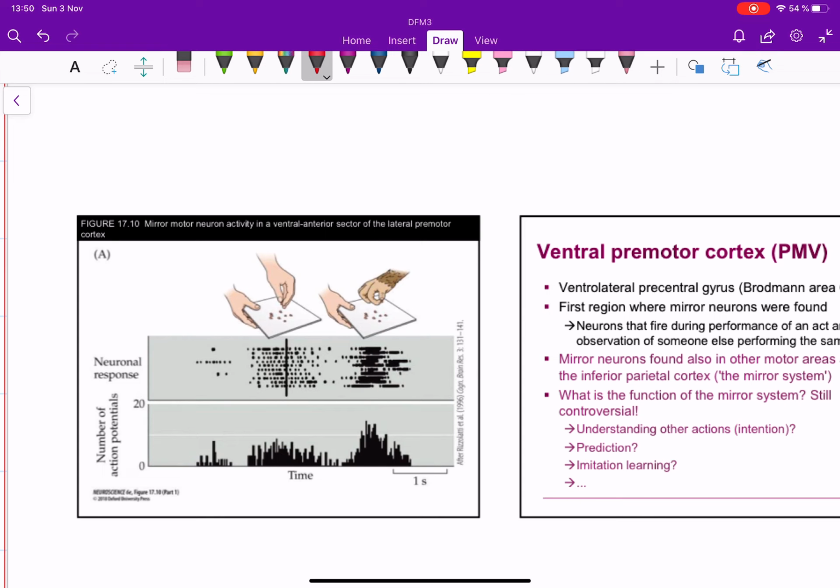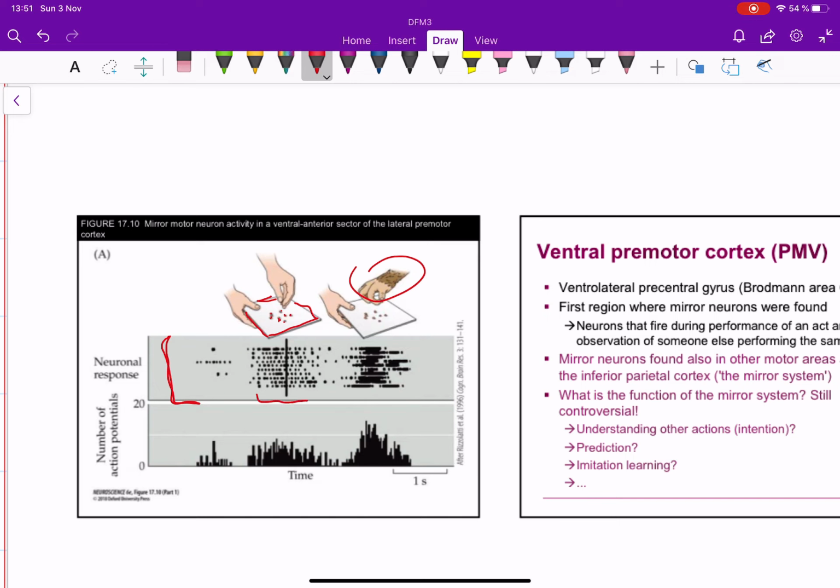Here in this picture, we see the human picking up maybe food or something, and that's a record of the ventral premotor area of the monkey brain.